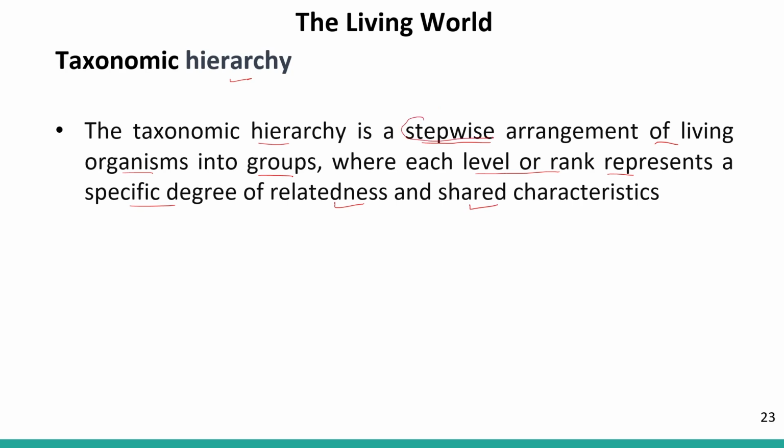So you have to remember the stepwise arrangement first. It is a stepwise arrangement of living organisms into groups, where each level or rank represents a specific degree of relatedness and shared characteristic.